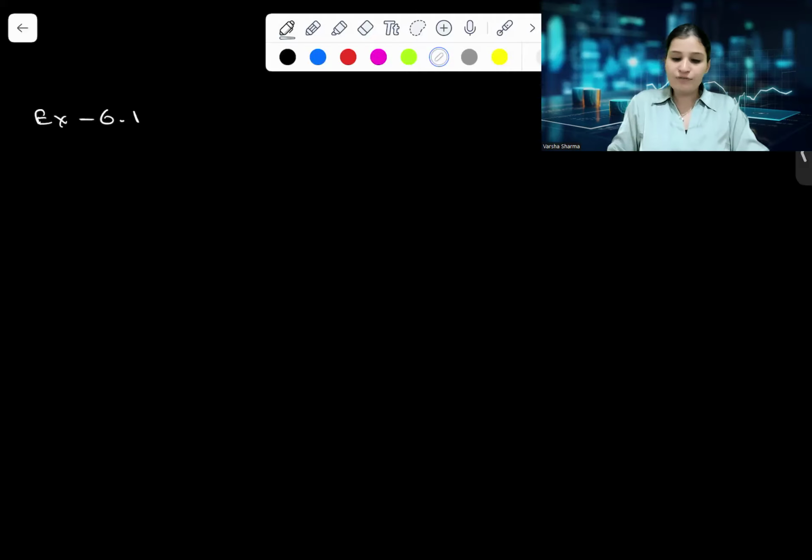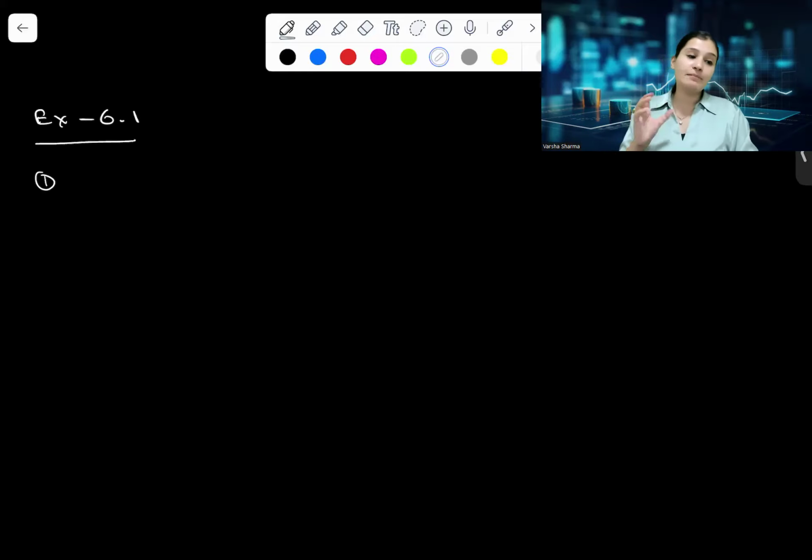Okay. So the first question: give an example of a sequence which is not a progression. A sequence is a set of numbers that follows a definite order according to a rule or a pattern.